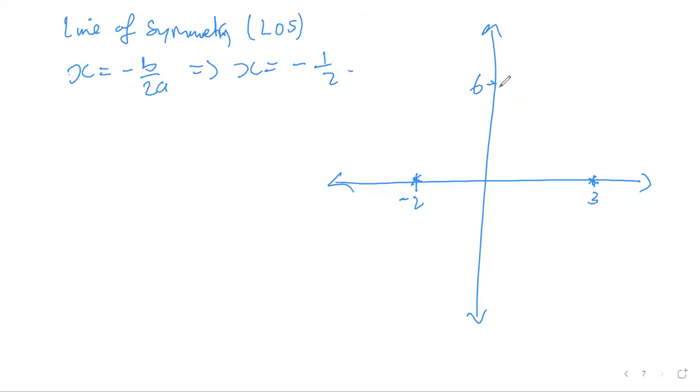6 there, 0. And then our turning point is the point a half, 23/4. So 23/4 should be 5 point something. Half on the x, somewhere there. 23/4 on the y, somewhere here.